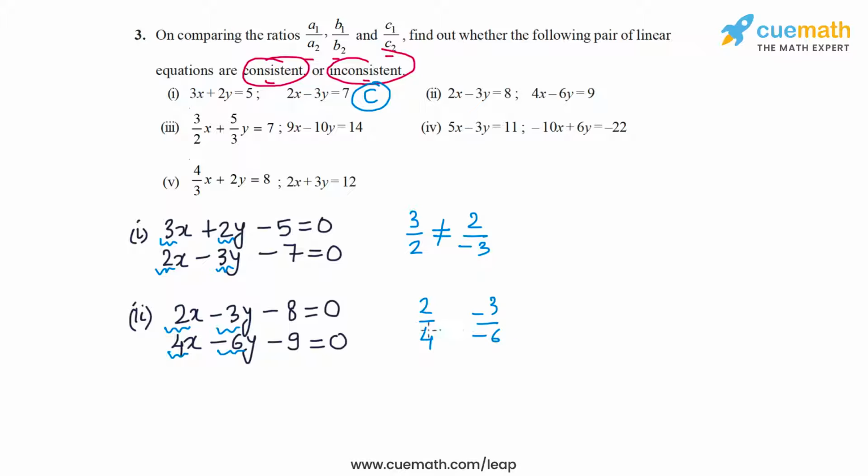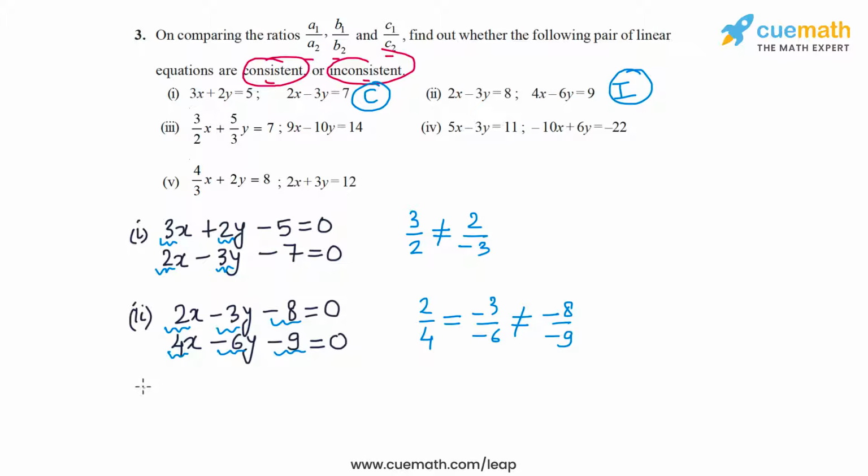Both of these ratios are equal to half in the lowest form. Then we take c1 by c2, that's minus 8 by minus 9, and this ratio is clearly not equal to half. So a1 by a2 equal to b1 by b2 not equal to c1 by c2. So the lines representing the second pair will be parallel. In other words, this pair is inconsistent.